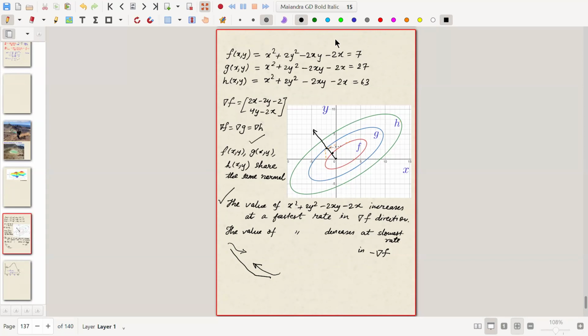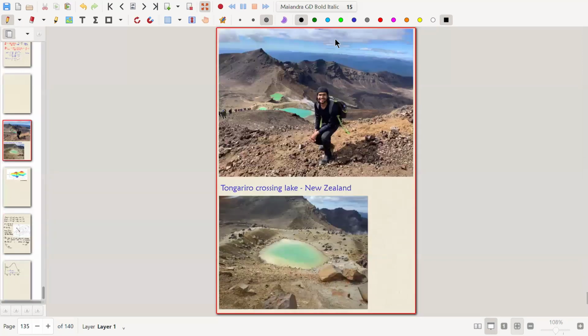Another motivation I can give you is here. This is an example of a mountain. You can see we have to reach here. Jokes apart, just learn, then you can learn. So we have to go from here.